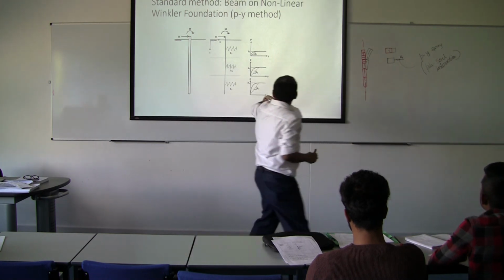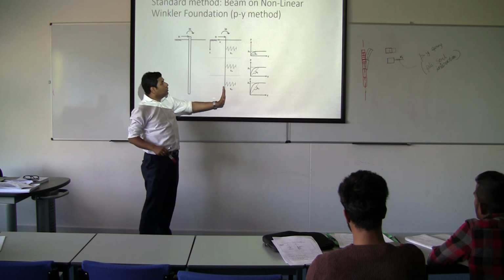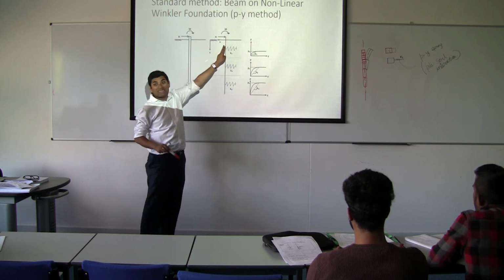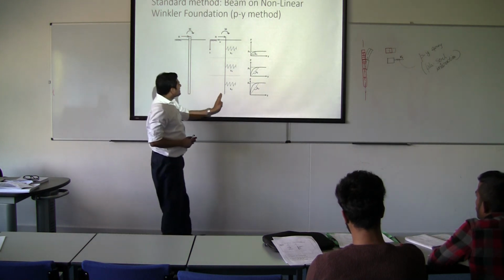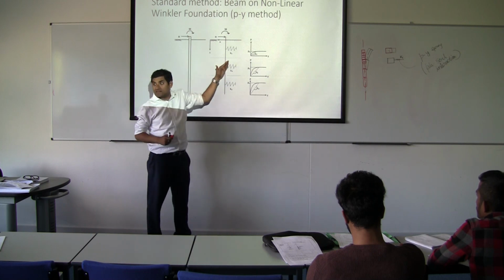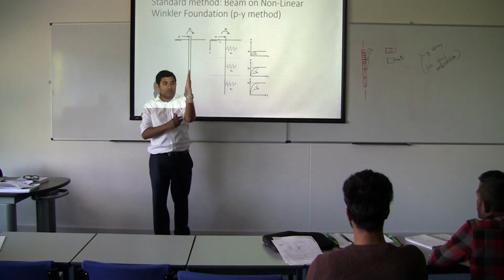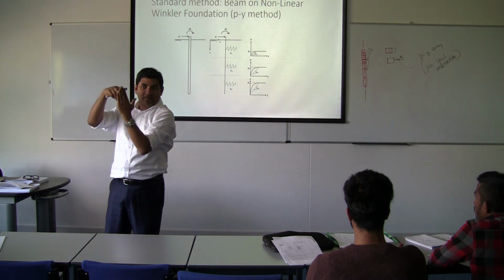Now, so that's the whole model. So the model is that you are modeling a pile as a beam. Why is it a beam? Because the axis is in that direction and the load is applied transverse. So a beam is when you apply the load in other directions, not in the particular axial direction.